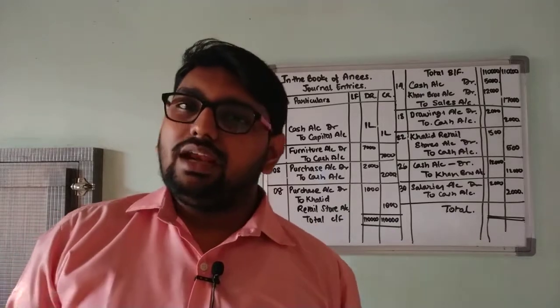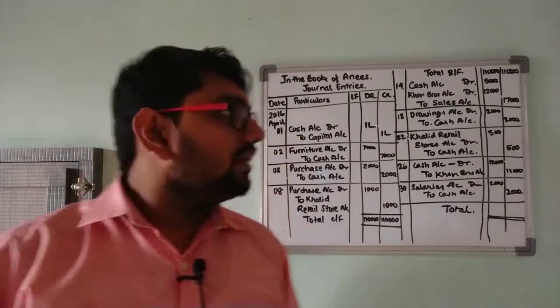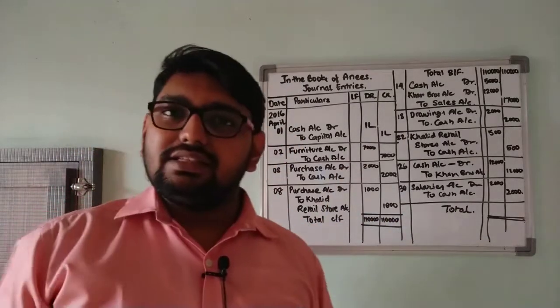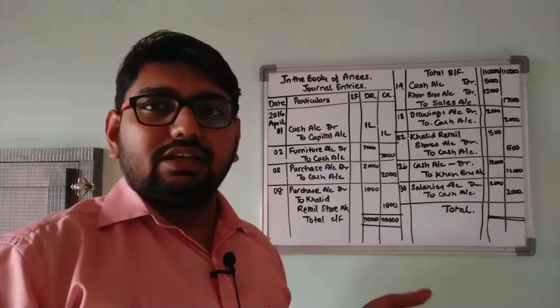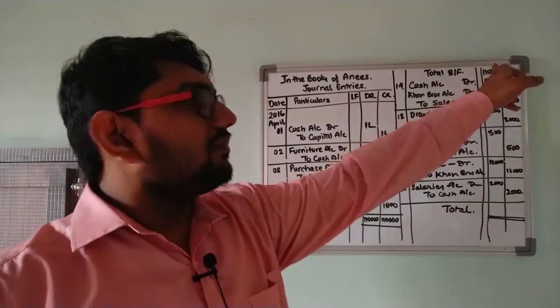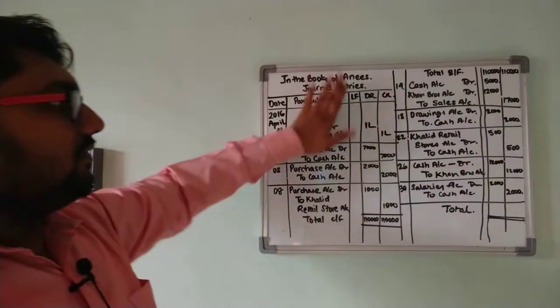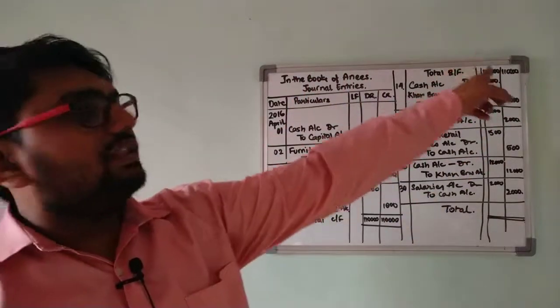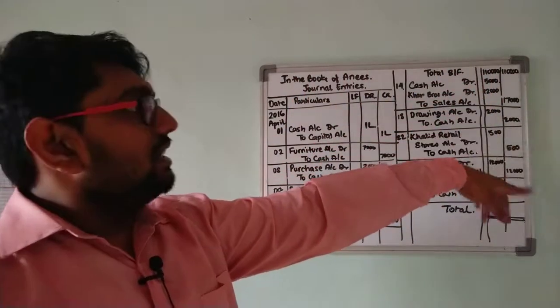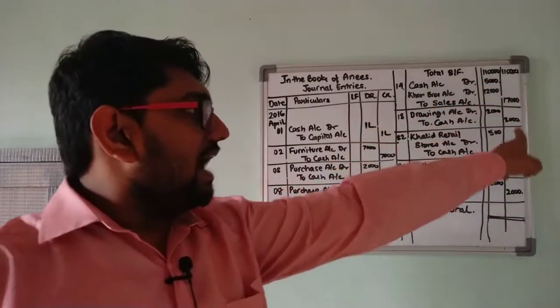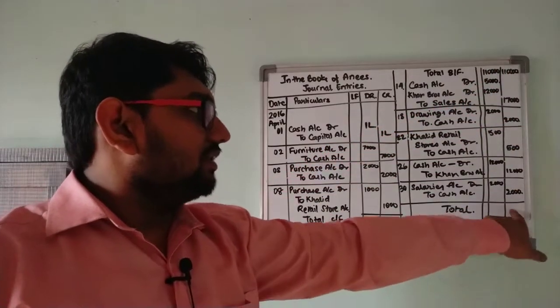Now we have come to the end of this sum. So I have to take the total and I will end this sum. Now when we are taking the total, you are supposed to start taking the total from here because the total of this side is already included in that 1,10,000 rupees. So after 1,10,000 you have to add these things and take the total.